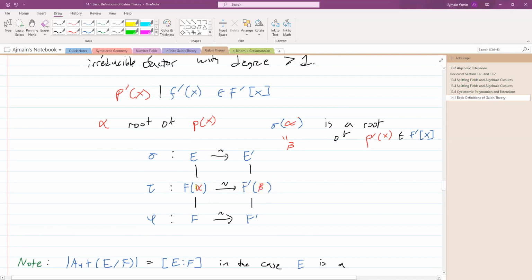And if this field was generated by F and alpha, then this field is generated by F and sigma of alpha, which is beta. Okay, so that's the situation. Whenever you have an extension of phi, then you have this kind of diagram.